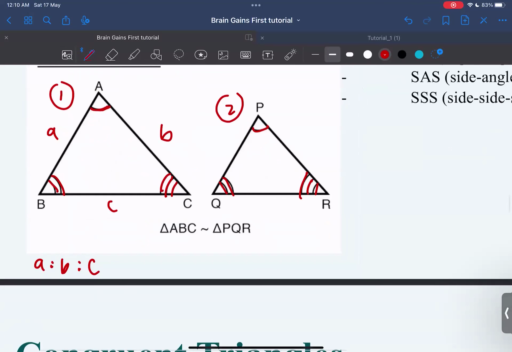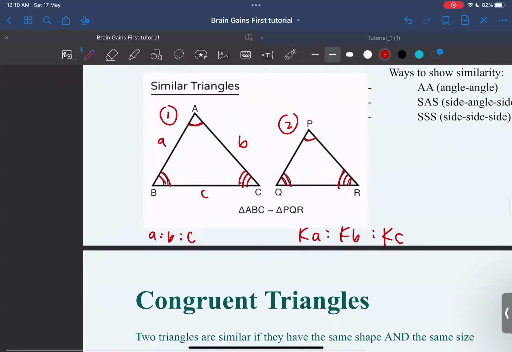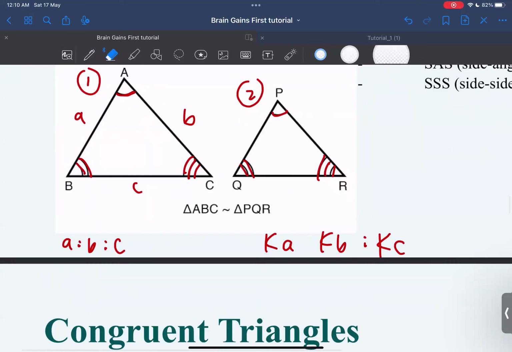It could be some factor K times A, KB, and then KC. But the ratio doesn't actually change. So our three sides might become something like this. Because the K's can cancel out, the ratio just remains the same, right?